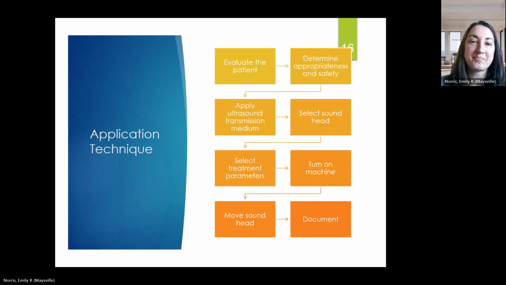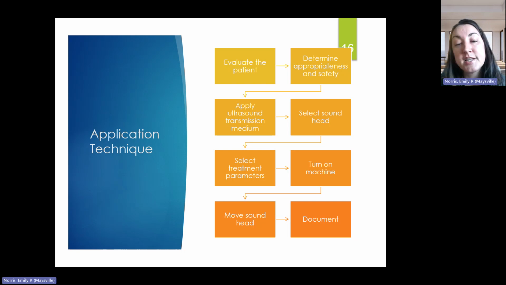The application technique is somewhat similar to what we've talked about with heat and ice. You first evaluate the patient and determine if it's safe to do an ultrasound. The next three are a little bit more varied in what order. First, it says apply the ultrasound gel, then select the sound head, and then set the parameters.